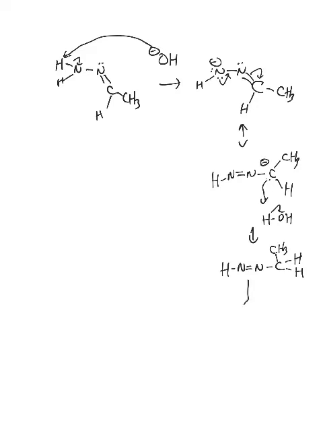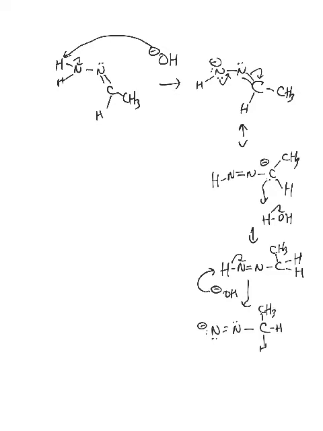And then we can see the hydroxide that we just formed in the previous step reacting with that to remove a hydrogen off of our N nitrogen, which gives us a negative charge on that N nitrogen with a double bond to the other nitrogen. It has two lone pairs out here on the end if you want them. Then our two hydrogens and our CH3 off of the carbon.